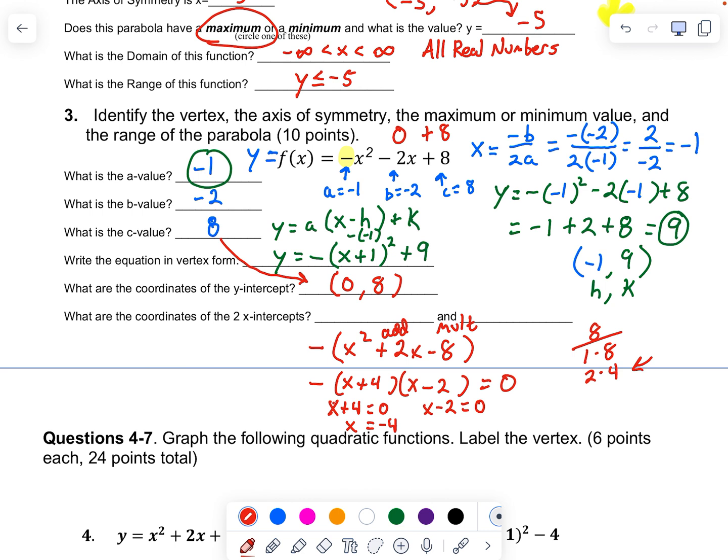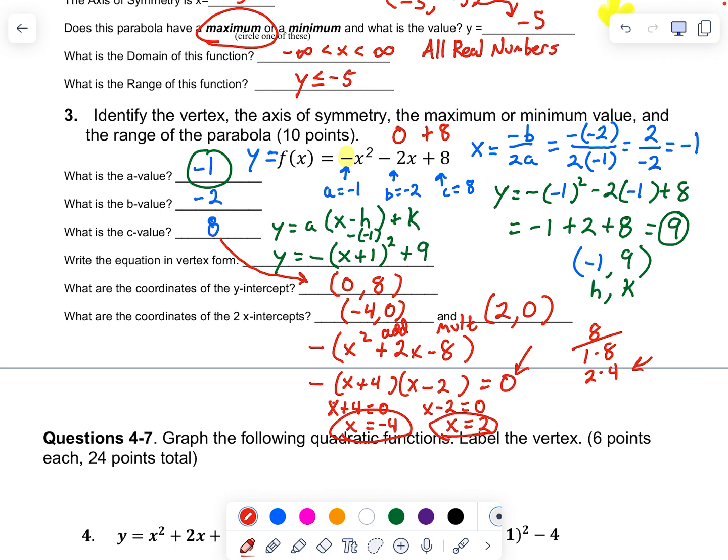And on the second one, if I add 2 to each side of the equation, I get x equals 2. So those are my two x-intercepts. On x-intercepts, the y-coordinate is always 0, and that is why I set the y equal to 0 and was solving for different values of x. So one of the x-intercepts is -4, 0, and the other x-intercept is 2, 0.